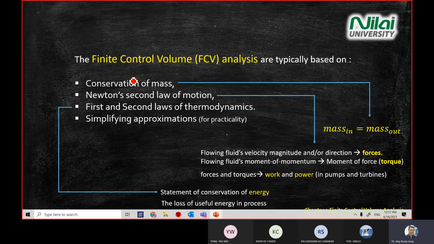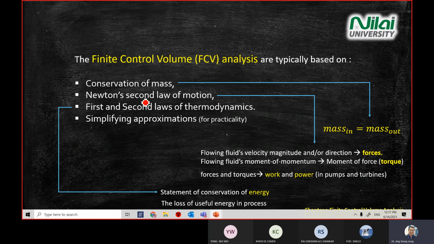Okay, so when we talk about control volume, you need to pay a bit more attention to which stage we are discussing. All right, so we'll go through 4 stages if you follow along. We'll go for conservation of mass.